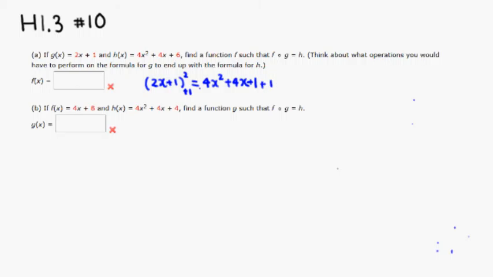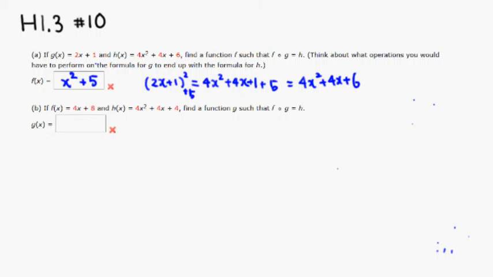Add 5 to it, so that you get 4x squared plus 4x plus 6, which is exactly the same as h of x. Which means that we want to take g of x, square it, then add 5 to that. That would be the function f of x.